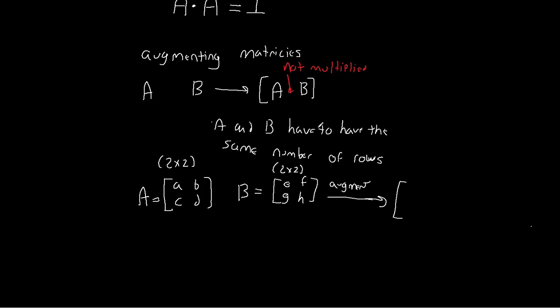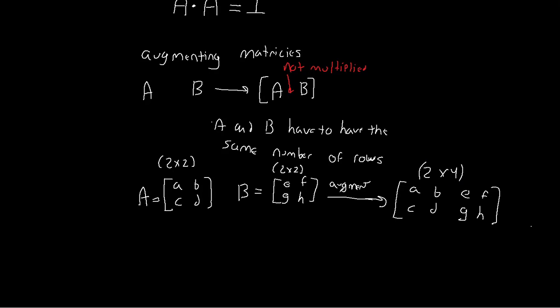What we're going to get is a new matrix where we have the elements of A followed by the elements of B. So you can think of this as now a 2-row by 4-column matrix.